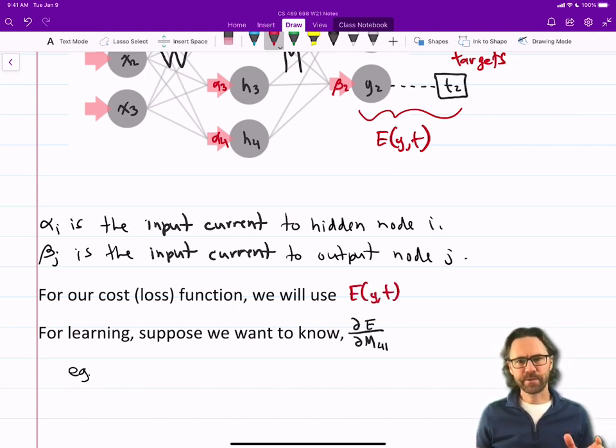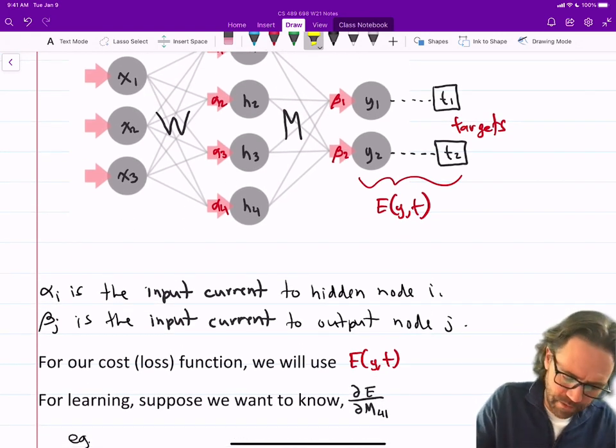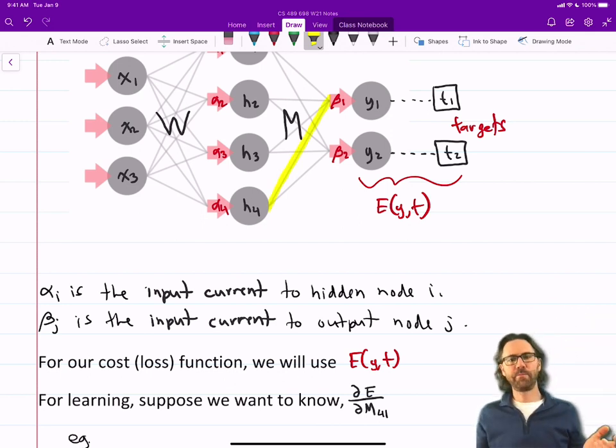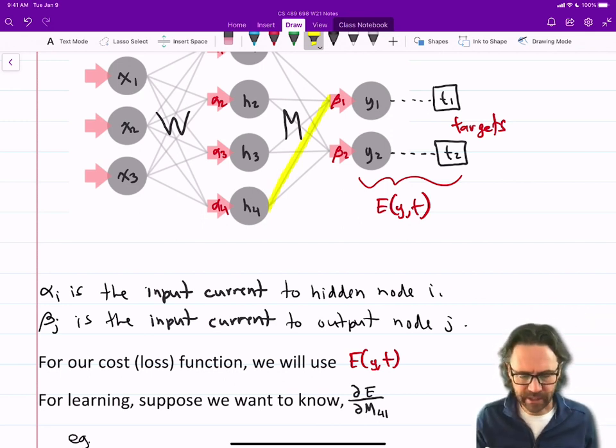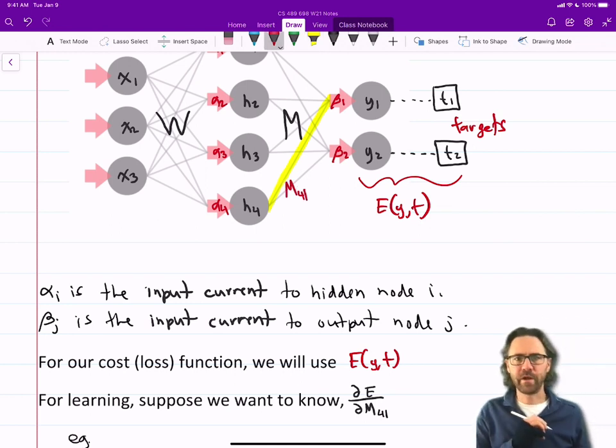For learning purposes, let's focus on finding the derivative of the loss with respect to M41. M41 is going from the 4th hidden to the 1st output node. So that's the connection we want to find the derivative with respect to.